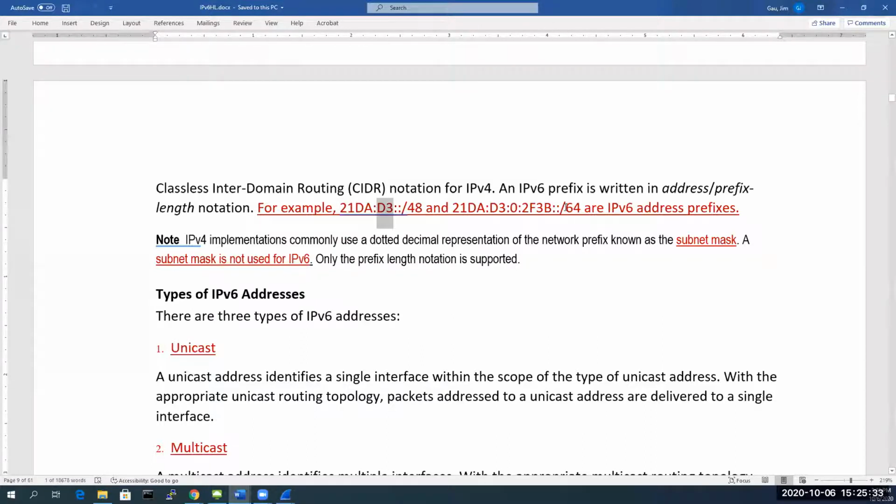Okay, and if it's /64, here is 16, 16, 16, 16. So that's 64 bits. So this is the network. And the double colon means fill it with all zeros. Therefore, it's like the equivalent of 10.10.10.0. So this is the notation to represent an IPv6 address prefix, the network or subnet.